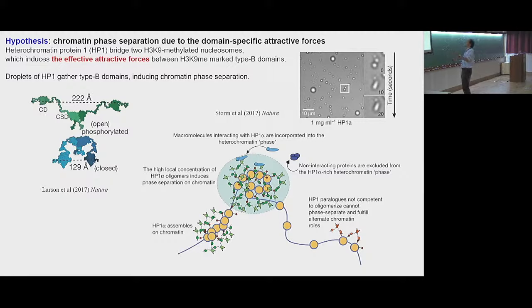So this should work as an effective attractive force between different nucleosomes. And when HP1 forms a droplet, it has an attractive force to gather many H3K9 methylated nucleosomes, then form the heterochromatin. Because the H3K9 methylated histones are frequent in the gene-inactive region or heterochromatin. So this is one hypothesis for how the heterochromatin region or compartment B is formed. HP1-mediated effective attraction will gather the nucleosomes.